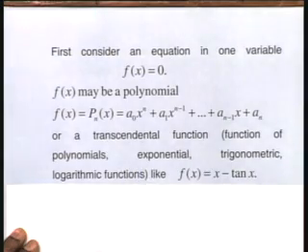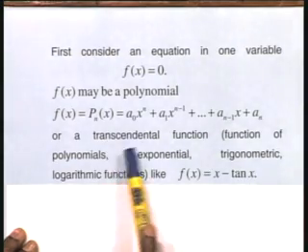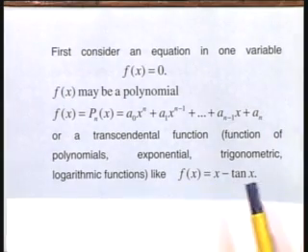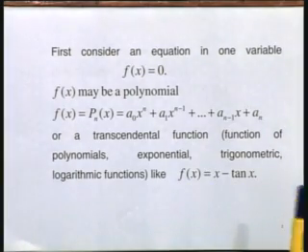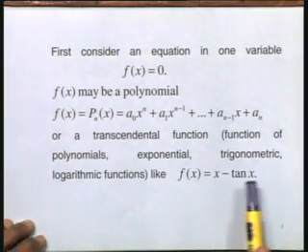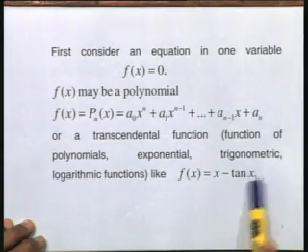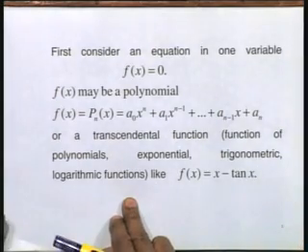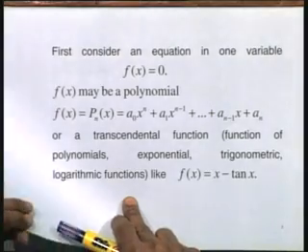A combination of all these functions we shall call a transcendental function. For example, f(x) is equal to x minus tan x is a transcendental function. It is a combination of a polynomial and a trigonometric function. So any combination of this shall be called a transcendental function, and otherwise we will be considering a polynomial.